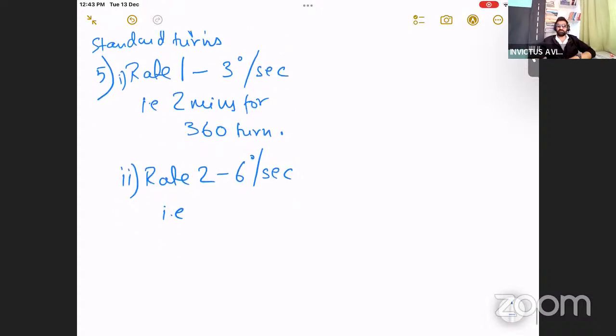So 6 degrees for 1 second. 60 seconds in 1 minute. So 6 sixes are 36. How are we calculating it, students? Can anyone explain? 360 divided by 6. 360 divided by 6 or 60? 60 multiplied by 6.